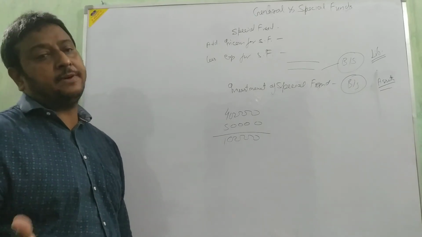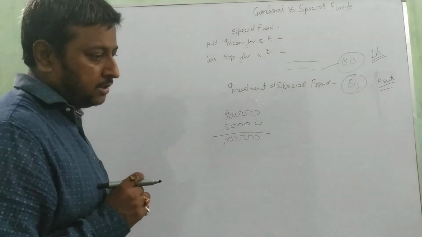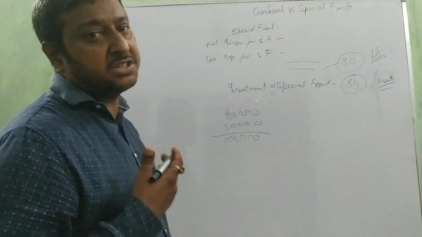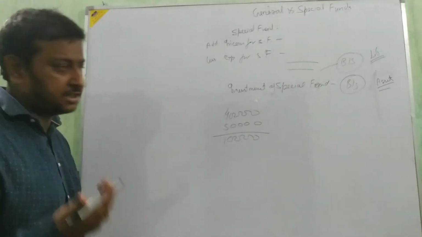Okay, go for one very small topic more. If any type of expense or income is given, how are we going to treat the outstanding and prepaid? I will just tell the things.